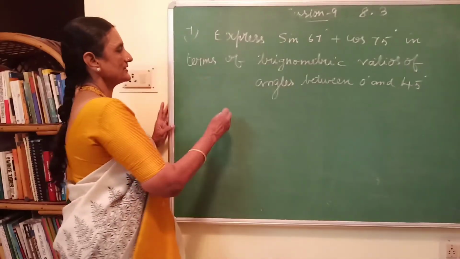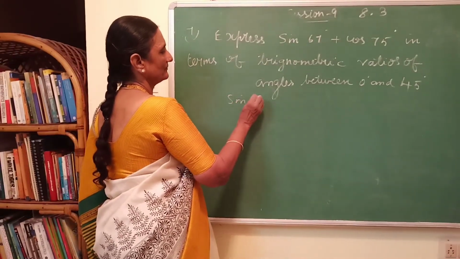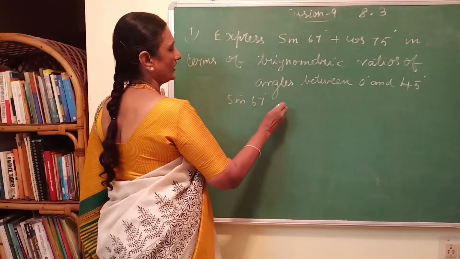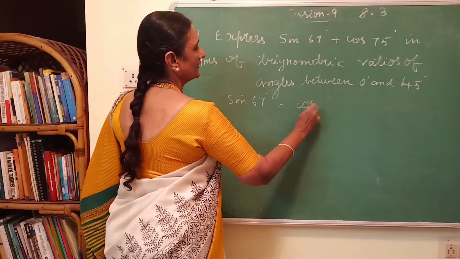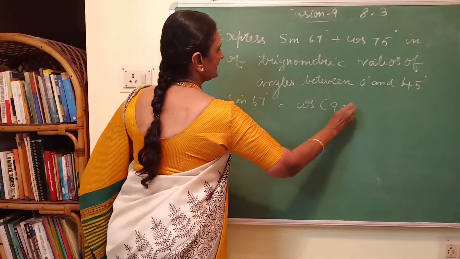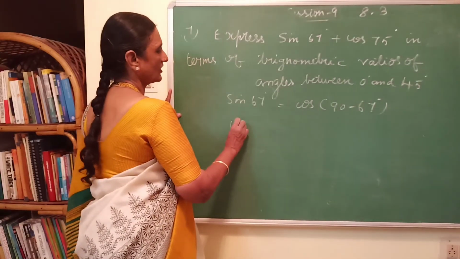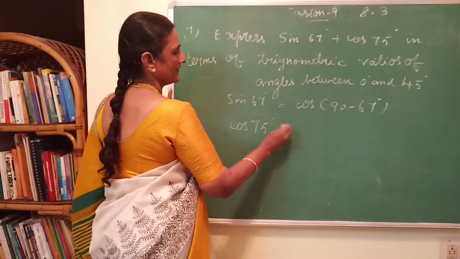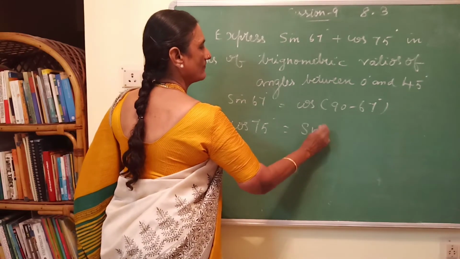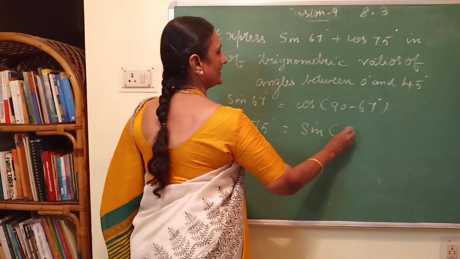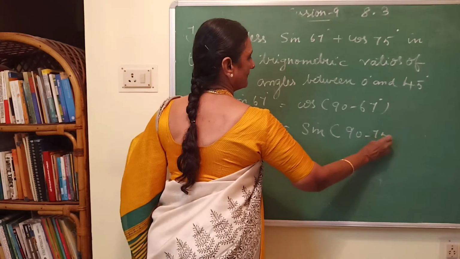Now, sine 67 is what? Cos of its complement. So, cos of 90 minus 67 degrees. What is cos 75, children? That is equal to sine of its complement.